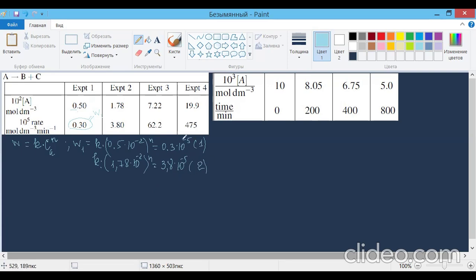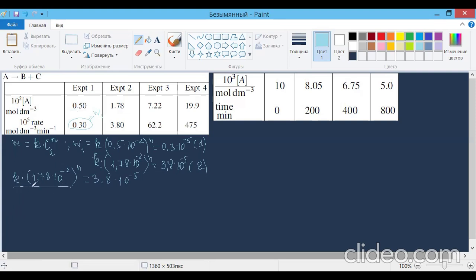Now, what we should do is to divide the second equation by the first equation, term by term. Let's write it. 1.78 times 10 raised to minus 2, and this whole raised to n is equal to 3.8 times 10 raised to minus 5, right?